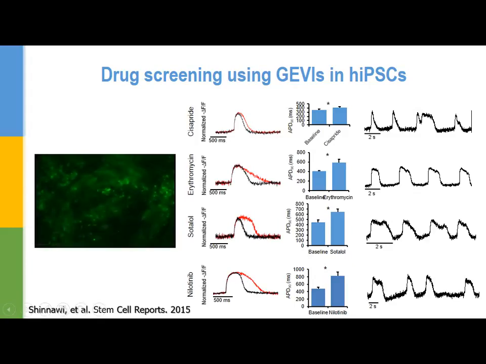We can measure the action potential duration, which reflects the QT interval in the ECG. So you can see that non-cardiac drugs such as cisapride, erythromycin, and even the tyrosine kinase inhibitor nilotinib cause significant action potential duration prolongation, which reflects QT prolongation.